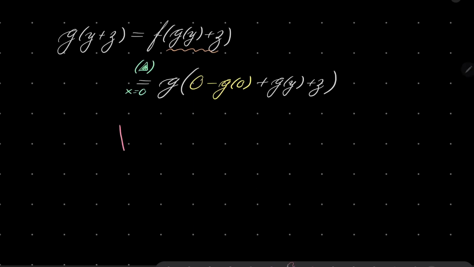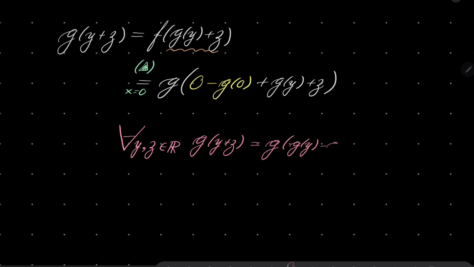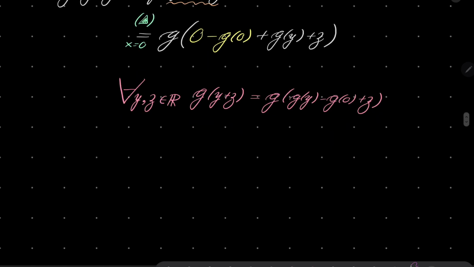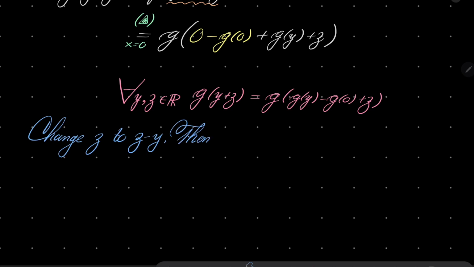All right, so maybe let's write it below. We have established that for every real numbers y and z, g(y + z) equals g(y minus g(0) + z). Let's change z to z minus y, since I wish only z on the left hand side. And then we have the following.